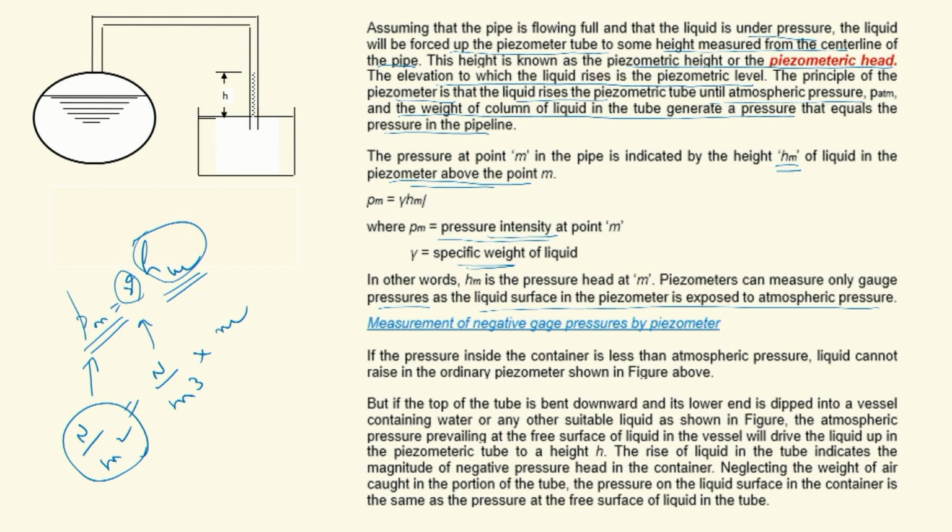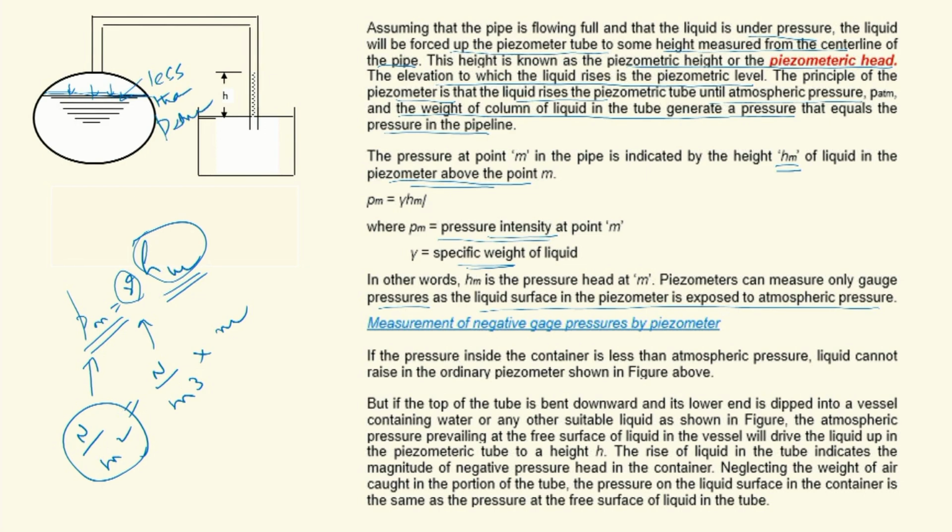Say I have a vessel, a closed vessel. So I have a liquid, and please note this is not the free surface. So you have a pressure here at this surface which is less than atmospheric. So here the pressure is less than atmospheric, less than P atmospheric.